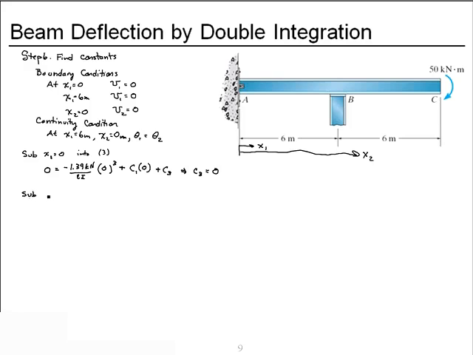Now let's substitute the other end, x1 equals 6 meters, into that same equation, equation 3. Plus we'll use our knowledge of the constant C3.